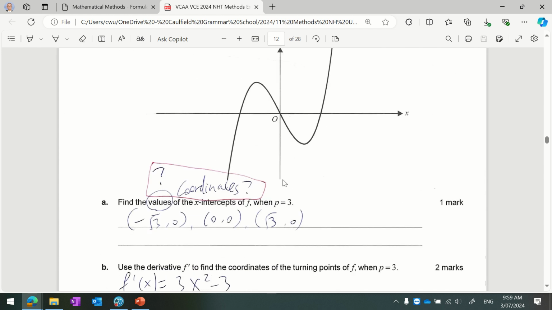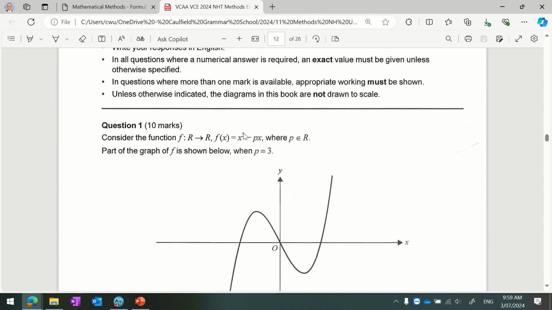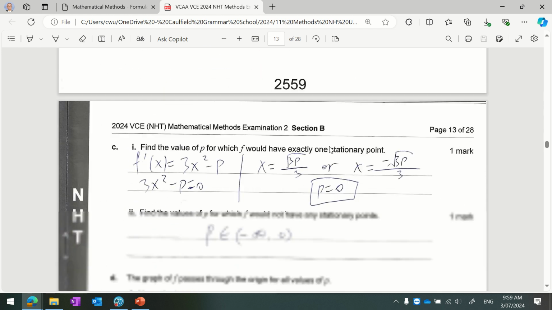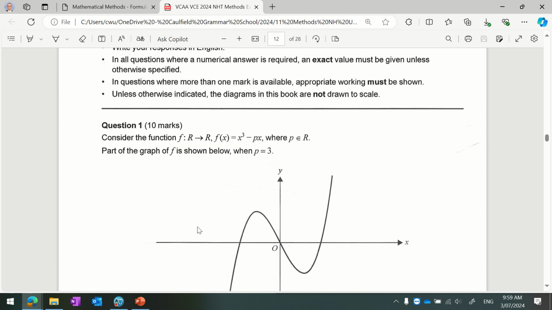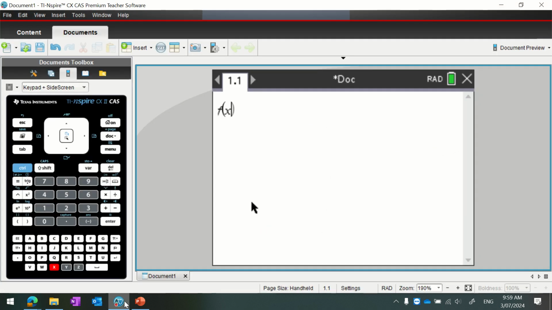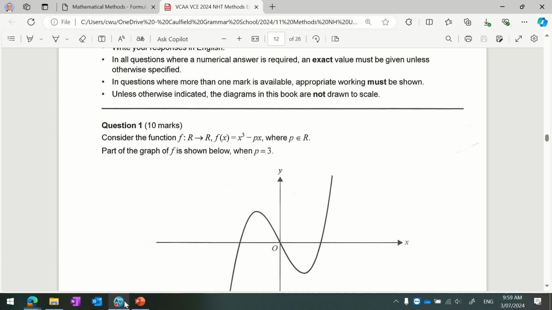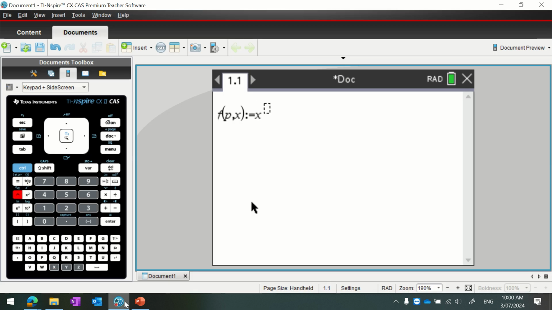This is a CAS calculator exam, so it's open book. So we will just do this on your CAS calculator. First you define the function: x cubed minus p times x.